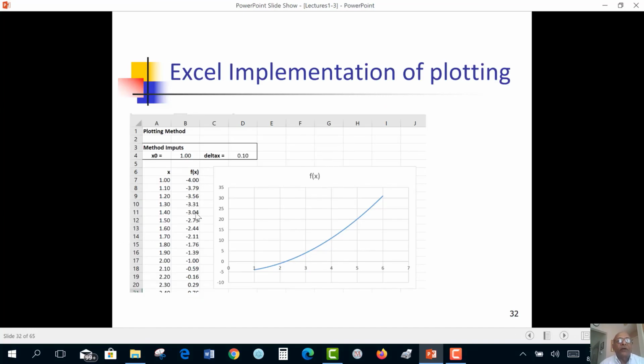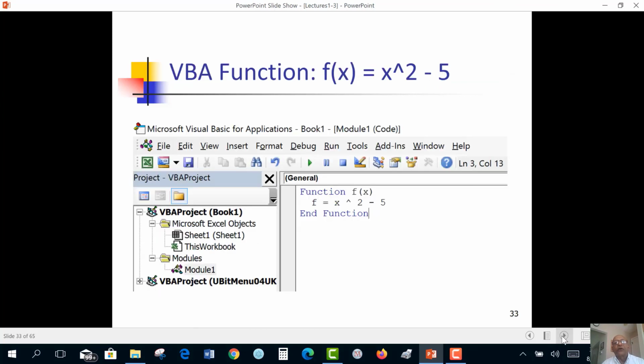So in the first lab, you're going to learn how to create a spreadsheet to plot a function within a range, and you're going to plot the function to find where it touches the x-axis. Once you have created a spreadsheet, you're going to put the function in a VBA function, a Visual Basic function.